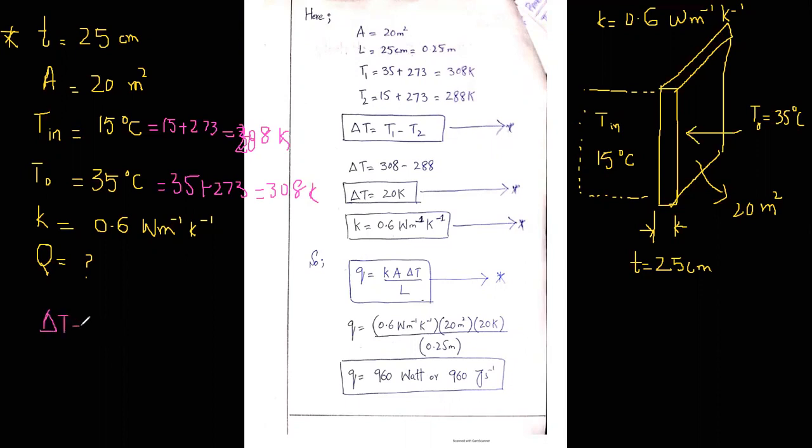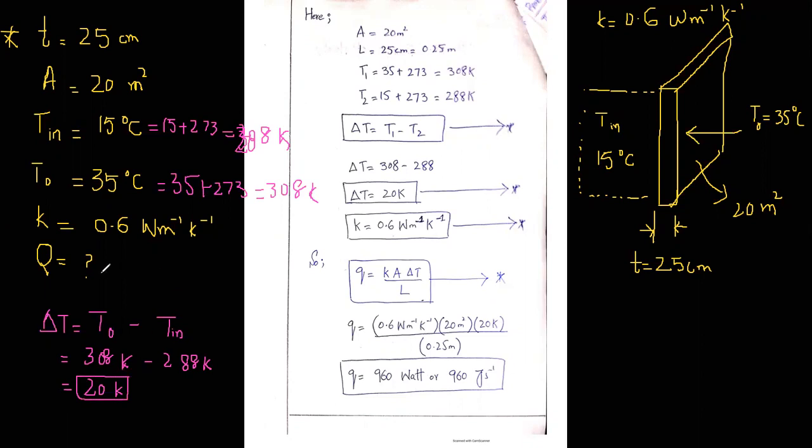So delta T equals T out minus T in. T out is 308 Kelvin minus 288 Kelvin, which equals 20 Kelvin.